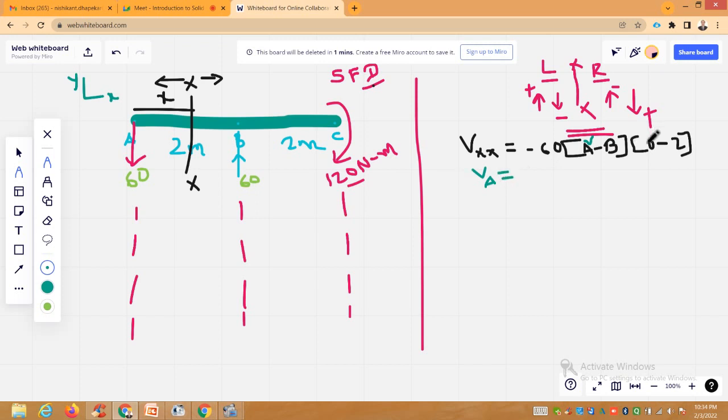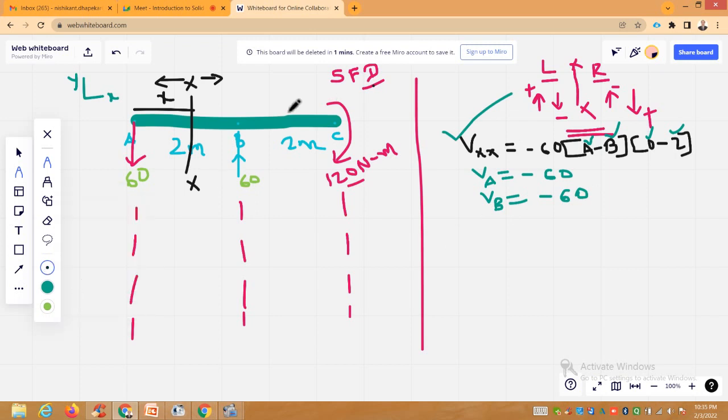So VA, we cannot substitute here 0 value because there is no X variable to substitute. So VA will be minus 60. Then you try to calculate VB. Again you cannot substitute this value 2, no variable is there, so it is minus 60. So from this master equation you have obtained the shear forces at these 2 points.